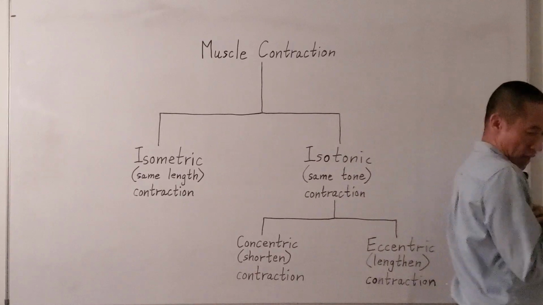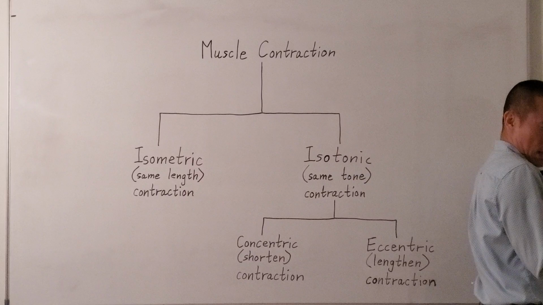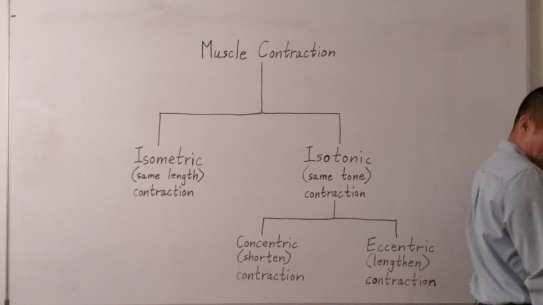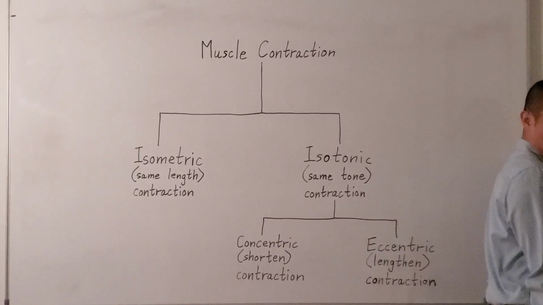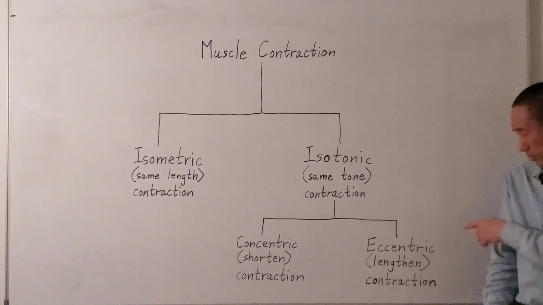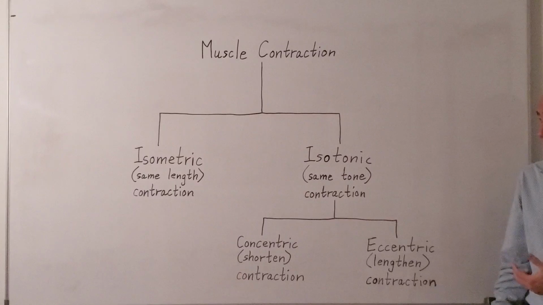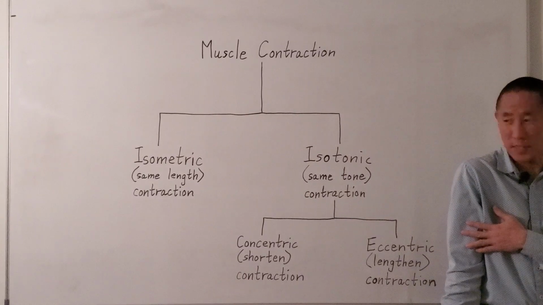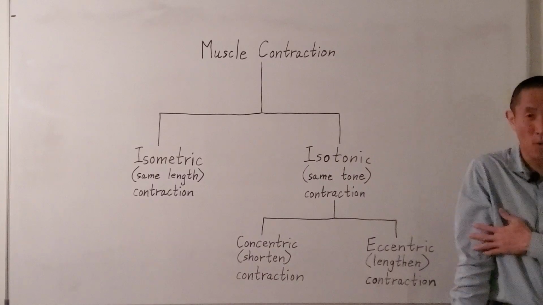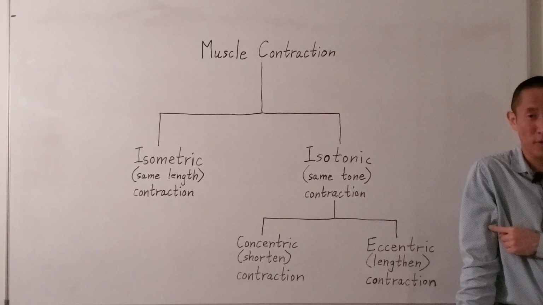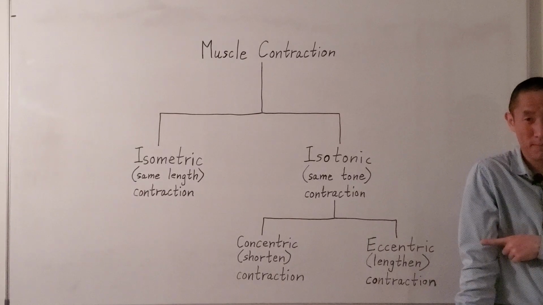Now, as we are letting this plastic container down, the length of the bicep muscle is increasing. So this is eccentric contraction. You see the muscle lengthening. So again, at this moment when we're holding the weight like this, it is isometric contraction for the bicep.